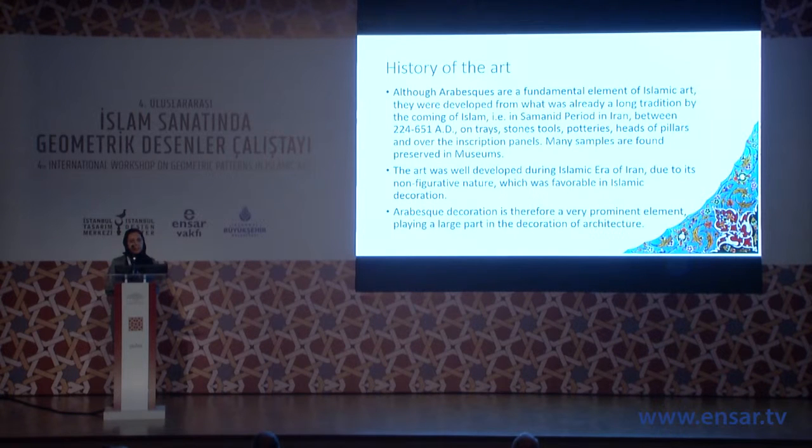Although Arabesque was a fundamental element in Islamic art, as I explained, the first instances of this spiral movement in decorations and ornaments, and I talk more about the architectural ornaments because of our own expertise, but you can see many beautiful instances in paintings and so on, we see in the Samanid period in Iran, which is between 224 to 655 after Christ.